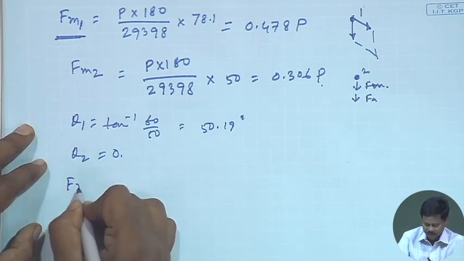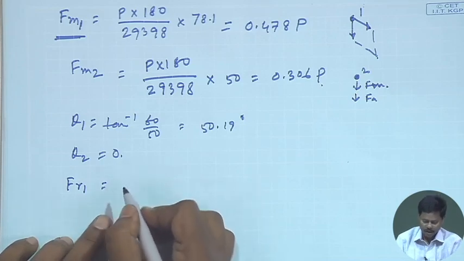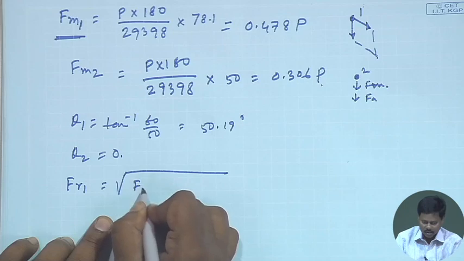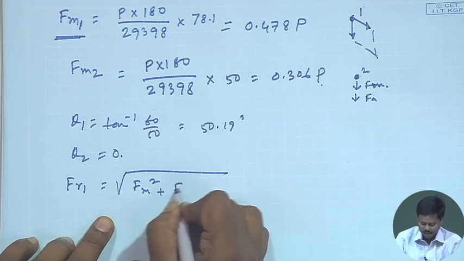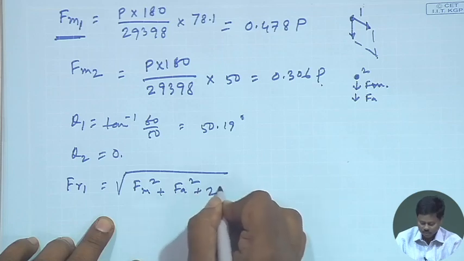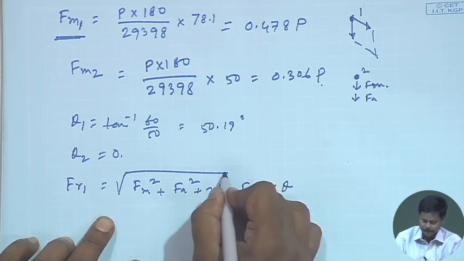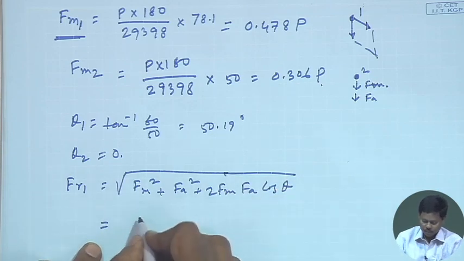So, Fr1, the resultant force on bolt 1, I can find out as Fm square plus Fa square plus 2 Fm Fa cos theta, right.